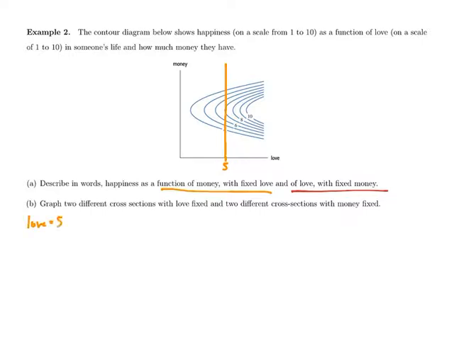What happens when money is changing with that love? If we think about this, we know that the happiness is going to increase and then start to decrease at a certain money value. So this function is going to look something like this. Oops, sorry, that's not love and happiness, that is money and happiness when love is equal to 5.